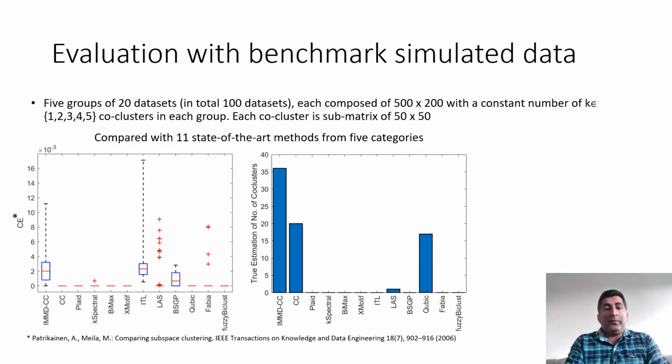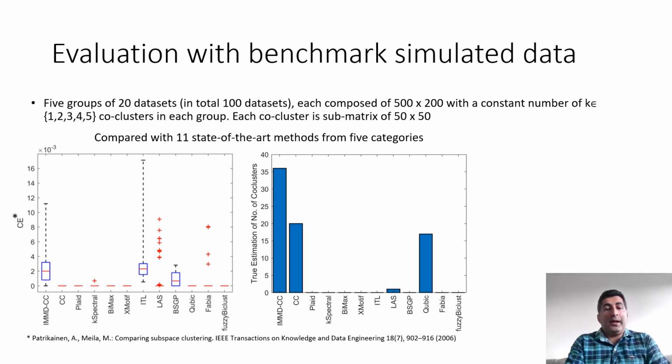More systematically, we did the experiment on all these datasets provided in this study, 100 datasets, where each group has a k number of co-clusters from 1 to 5, and each group has 20 datasets, which in total is 100 datasets. Each dataset is a matrix of 500 by 200, and each co-cluster is a submatrix of 50 by 50.